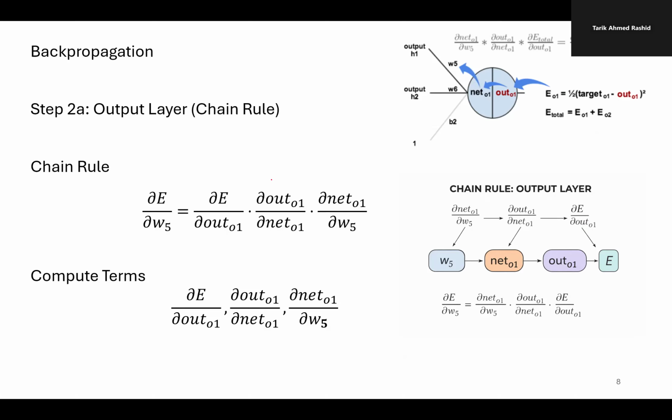So this one goes with this one goes with this one, we'll have that terminology with this one. So here we will find the change of the weight. Now we need to find this term and this term and this term, and we multiply them.